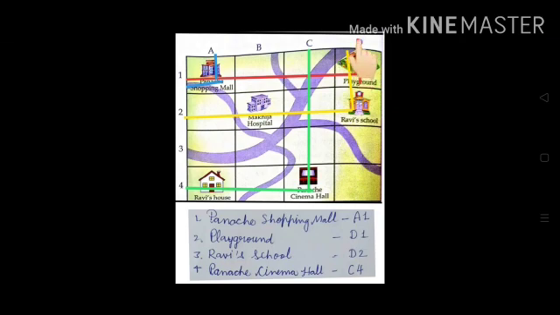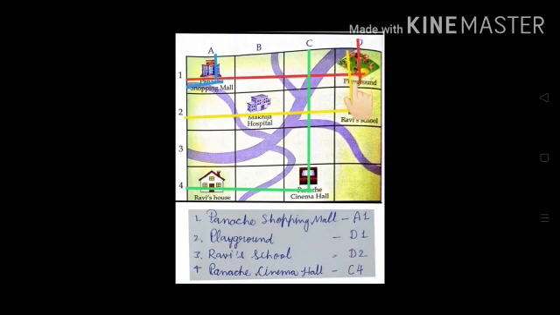Now let me tell about playground. Red line marks the location of playground. It is in D column and 1 row. Then location of playground is D1. Now Ravi's school. Yellow line indicates the location of Ravi's school.